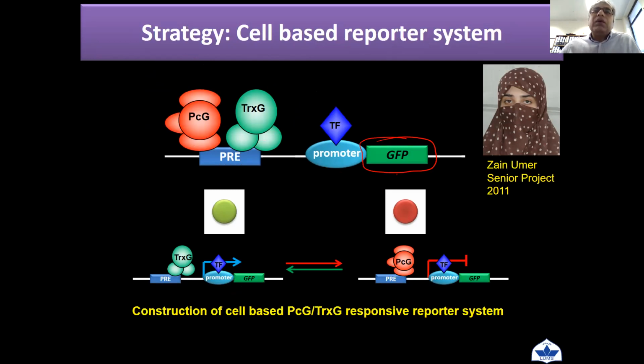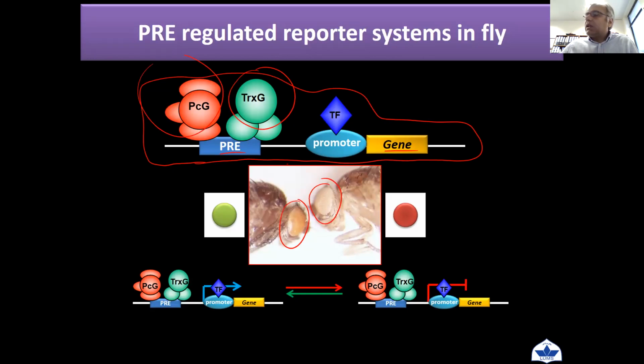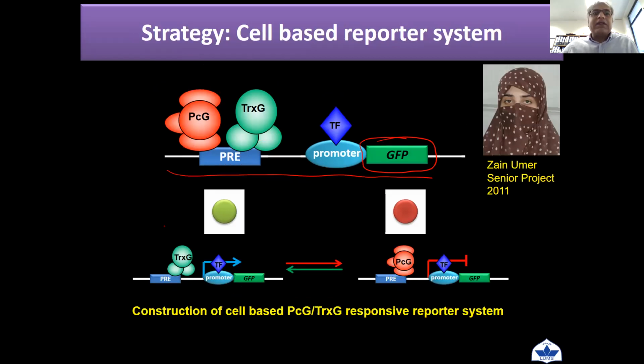So our idea was that by replacing it with GFP, it will behave similar to how PRE regulated reporters in flies behave. If trithorax will overrule, we will see GFP expression. In the absence of trithorax group regulation, when polycomb wins, we'll see silencing.